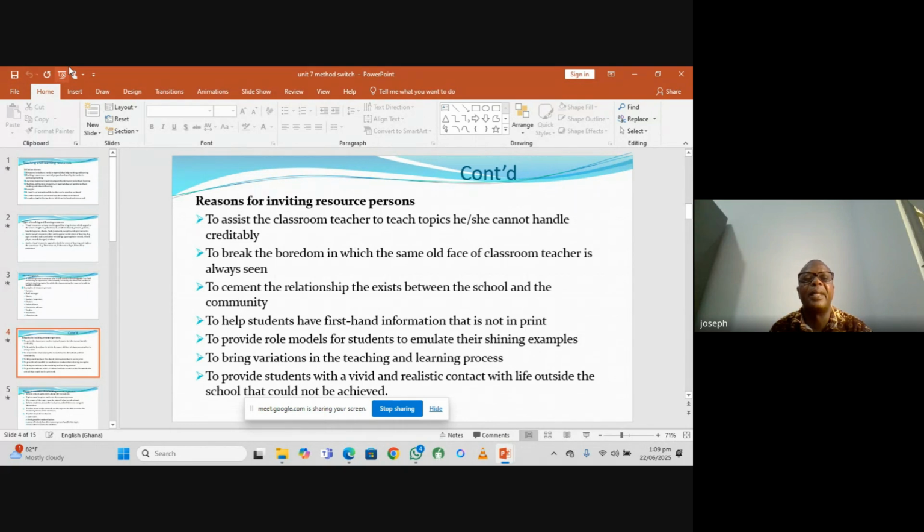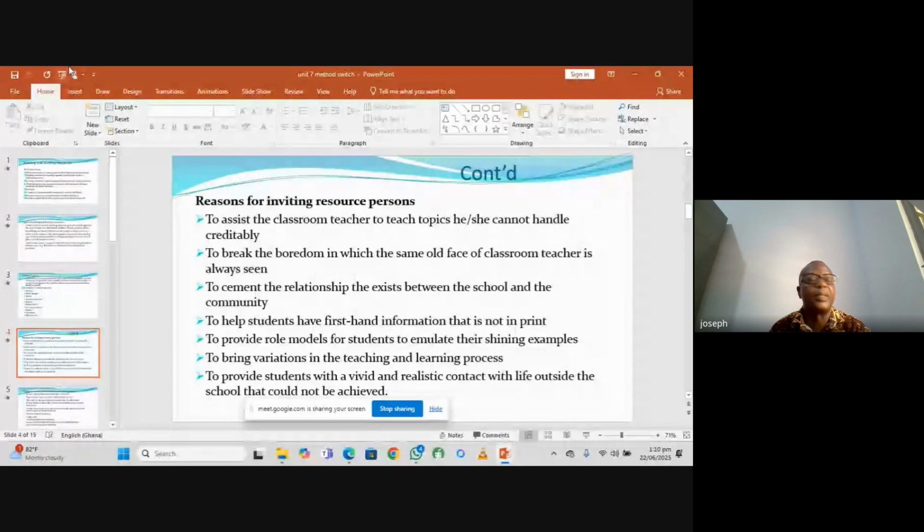We also bring in a resource person to cement the relationship that exists between the school and the community. We also bring in a resource person to give first-hand information to the learners when they cannot get such information in the books. We bring in a resource person to serve as a role model for the learners so that they can emulate that person's lifestyle.